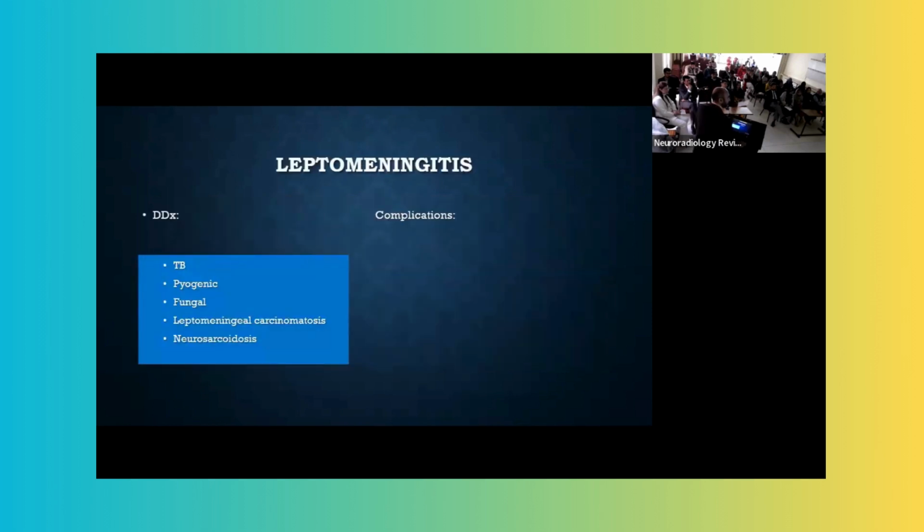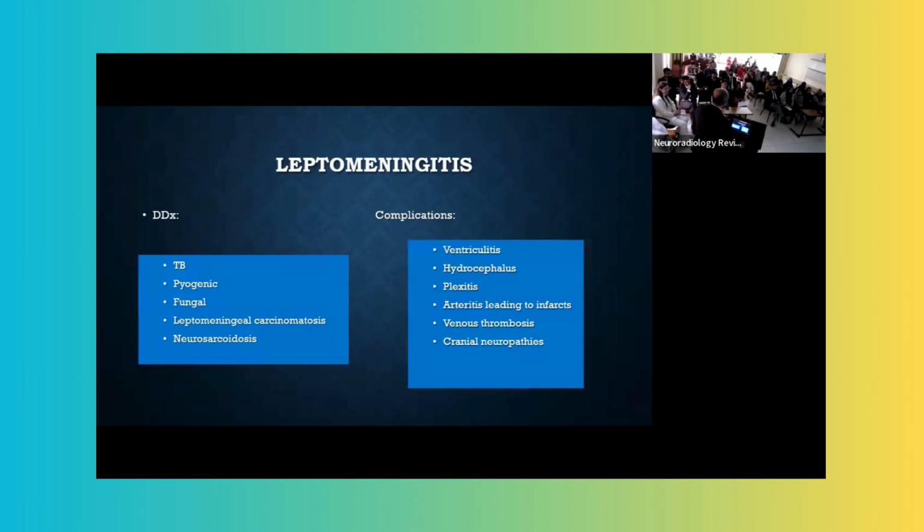So this is what we have. As you can see, the differentials here. I'm sure you all got those differentials, and I've touched on those. So here is the important bit, right? Whenever we report as radiologists, we need to think about the possible sequelae or complications of any disease we see. Okay, so I've listed all that. But importantly, when you see ventriculitis, you see enhancing lining of the ependyma or septations or abscesses within the ventricular space.